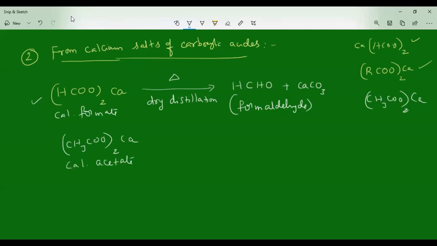So when we take calcium acetate, what will happen? The same phenomenon, dry distillation, leads to the formation of a symmetric ketone, that is CH3COCH3 plus CaCO3.